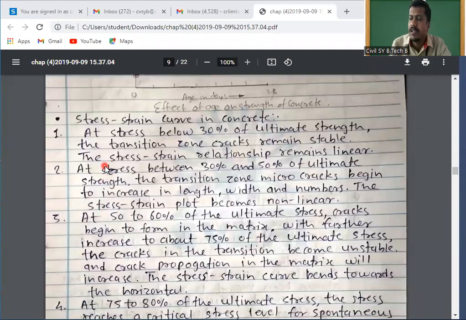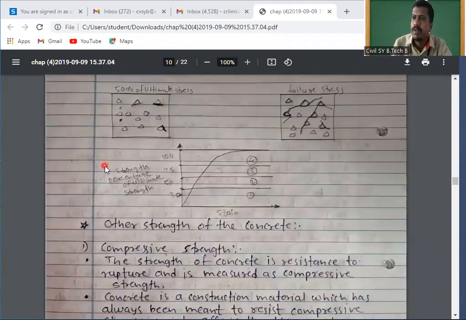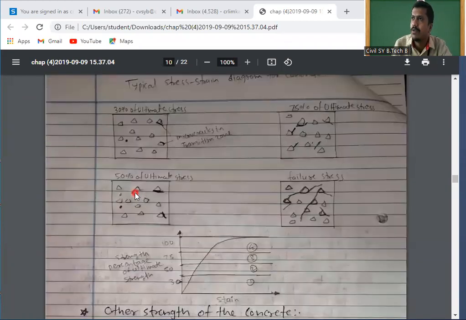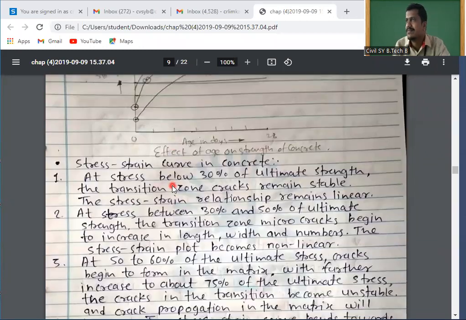The next part is the stress strain curve. I think you are very much familiar with the stress strain curve. Can you give some brief insights about the stress strain curve of steel?